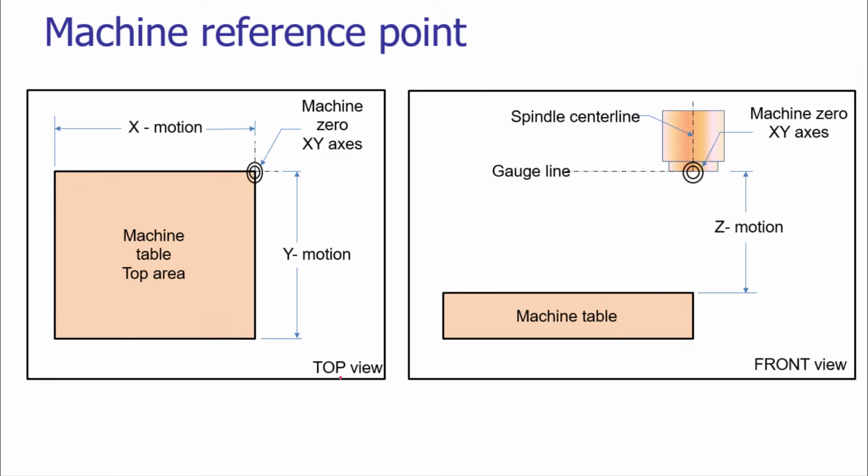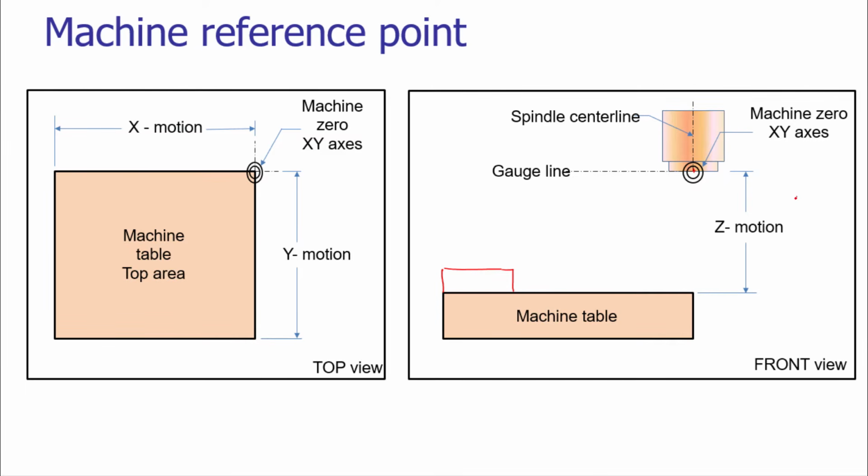So here you can see the top view. This is the machine table over which we are having the work part, and this is the machine zero, which is located at the center of the spindle. This is spindle center line. Here the machine zero is located.